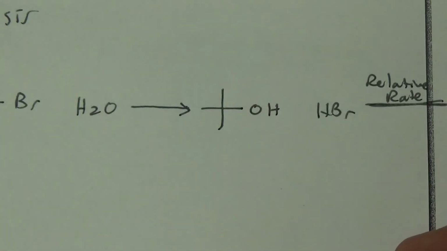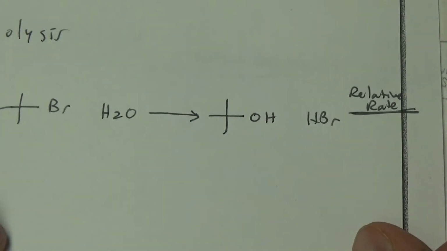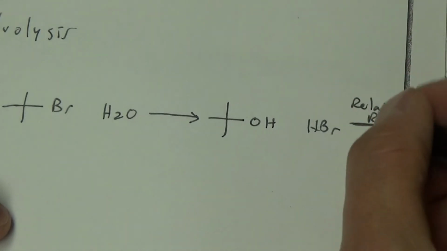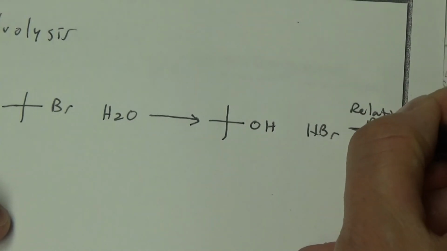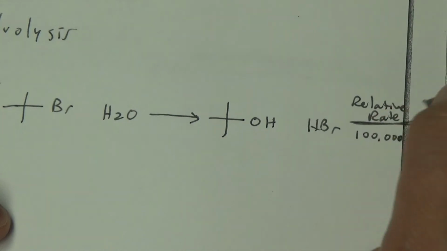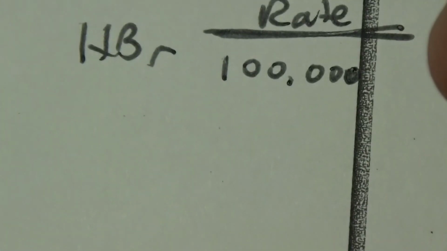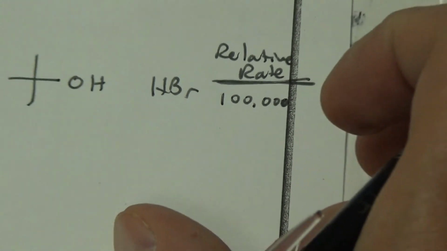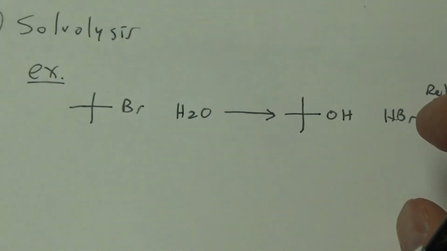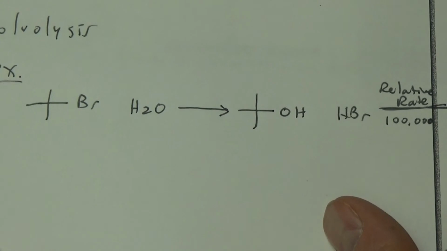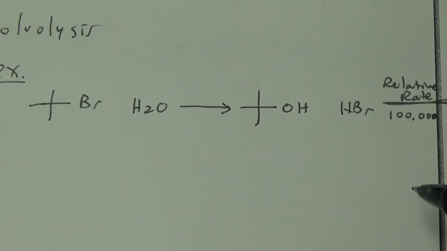The relative rate of this one is 100,000. It's 1 and 5 zeros. Okay, so that'll be relative to something else, which we'll see in a second.